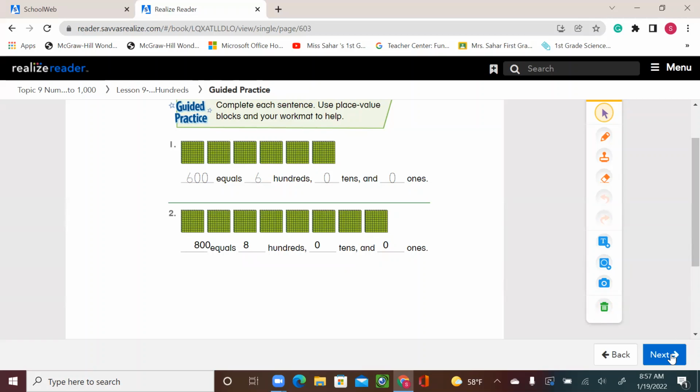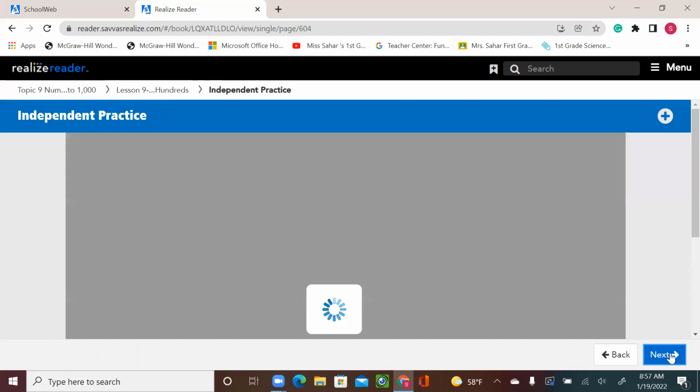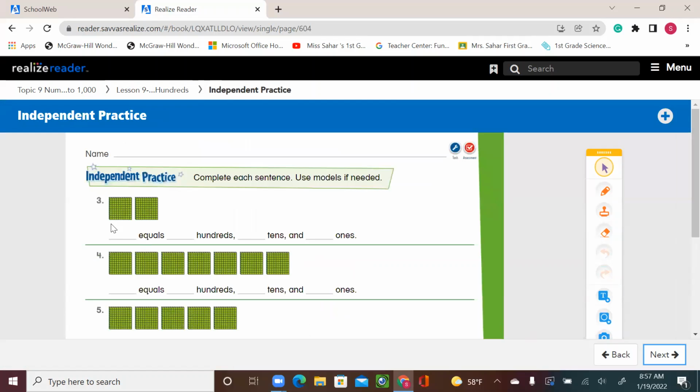Let's do one more. Independent practice, page 379. All right, complete each sentence, use models if needed. So this is easy. That's 100, 200. So I'm going to write here 200 equals 2 hundreds, 0 tens and 0 ones.